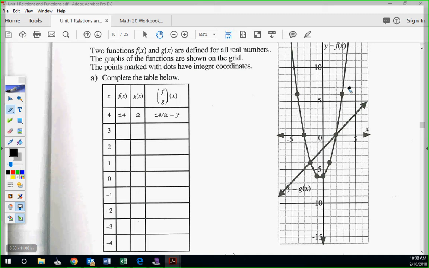So 3, 6. Oh, I was one over. Thank you. Yep, right here at 6, where the dot is. So 6. And then g of x is at 1. 6 divided by 1 is 6. So that's how we build that there.